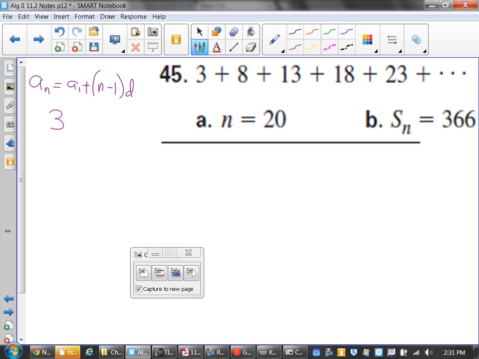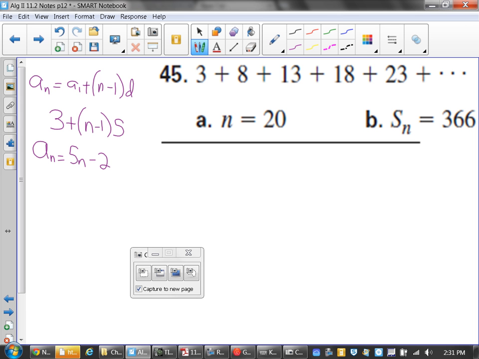So we have 3 plus n minus 1 times 5. So from there, when I combine my like terms, do you guys get 5n minus 2? Yes. Good. So the rule for the nth term is 5n minus 2.